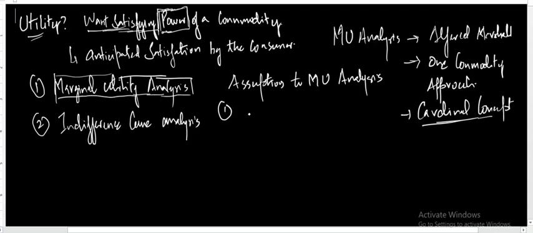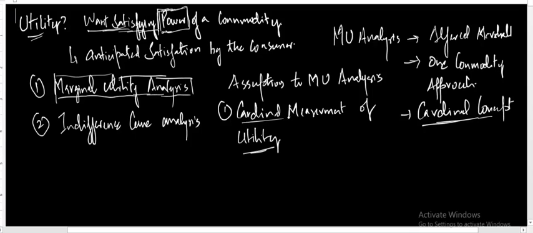The first one is the cardinal measurement of utility. This marginal utility analysis says that utility is a cardinal concept, that is, the utility is measurable and quantifiable.